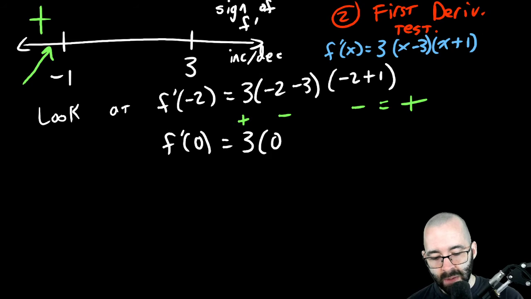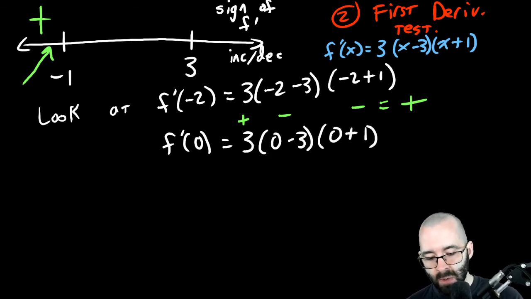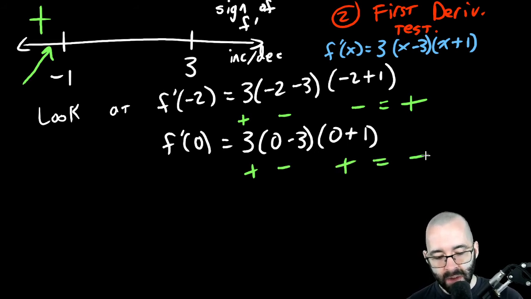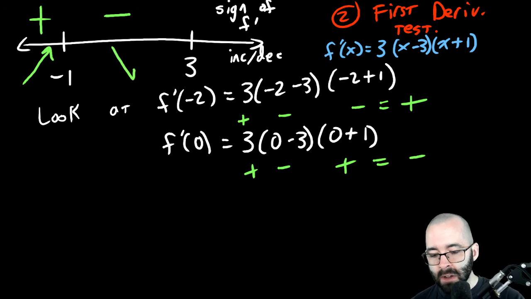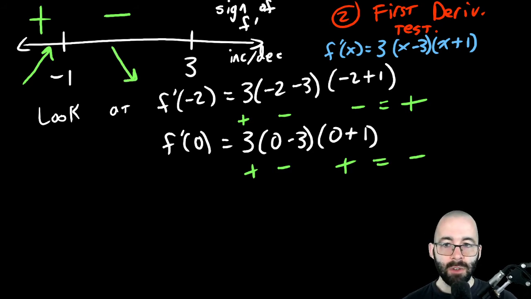It's going to be 3 times 0 minus 3 times 0 plus 1. What's a positive number times a negative number times a positive number? That's a negative. So everywhere in the middle, the derivative is negative. Everywhere in the middle, the function is decreasing.